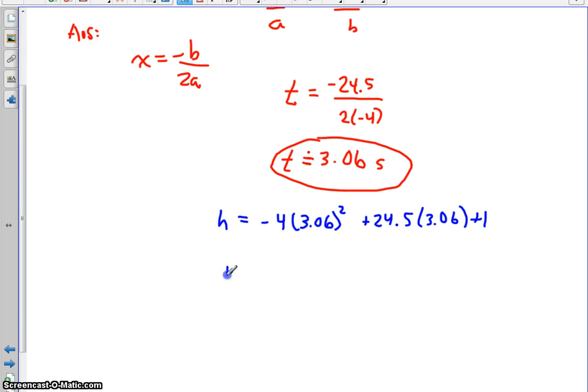Let's run that through our calculator, and again round it to 2 decimal places, the nearest hundredth. I get 38.52 meters.